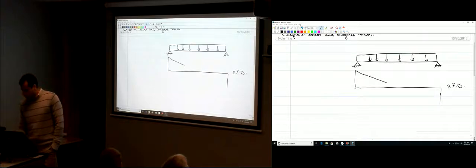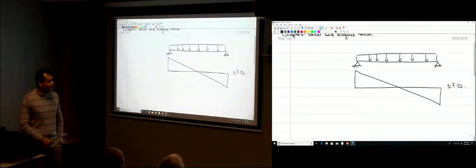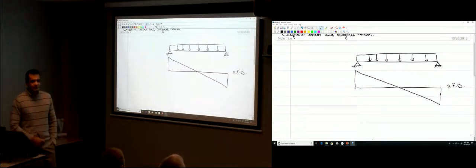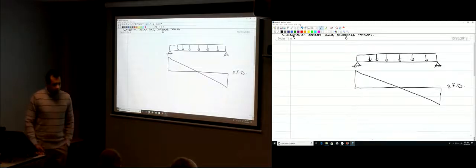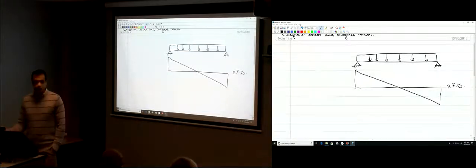You should be able to do this blindly. You're about to graduate now, right? So you should know that this is the shear force diagram for a simple beam with a uniform load. The maximum shear occurs at the support over here. That's the maximum shear.